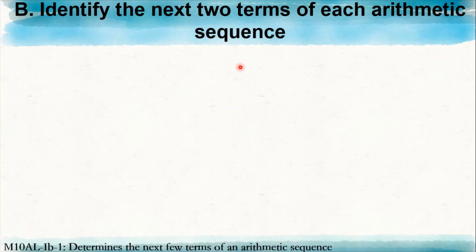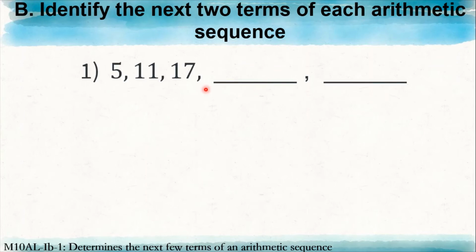Now, let's have the second part of the examples. In this case, let us identify the next two terms of each arithmetic sequence. So, syempre, para makuha natin ang next two terms, tulad ng napag-aralan natin nung nakaraang linggo, we have to find the rule. In this case, we have to find first the common difference between the given terms. So, the first example is 5, 11, 17. So, what do you think is the common difference?